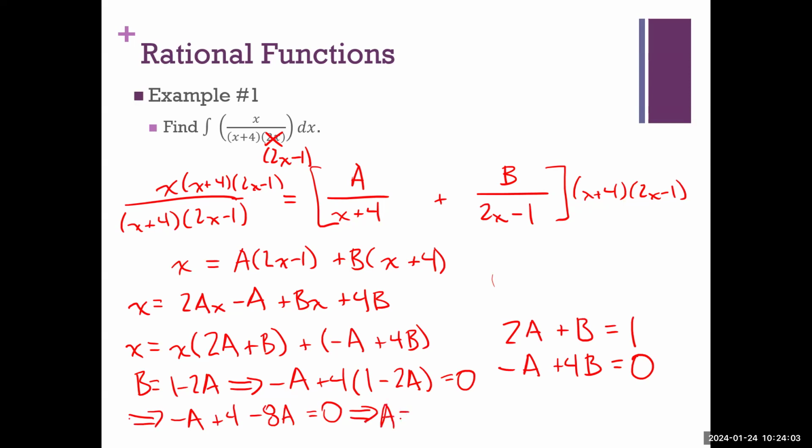So what does that mean that a equals? 4 over 9. Let's go ahead and rewrite 4 over 9. Can I get b from there now? B is exactly 1/4 of that, so that should be 1/9.